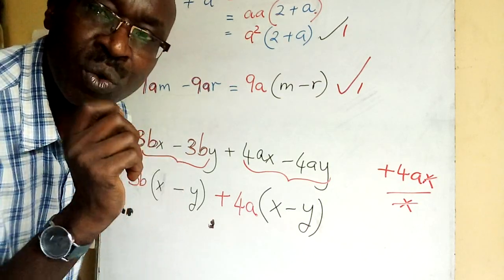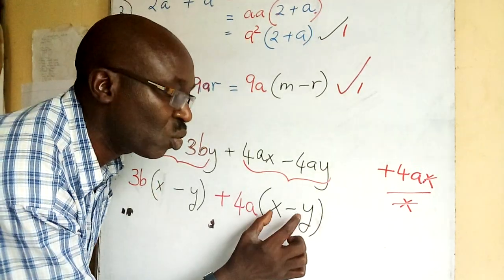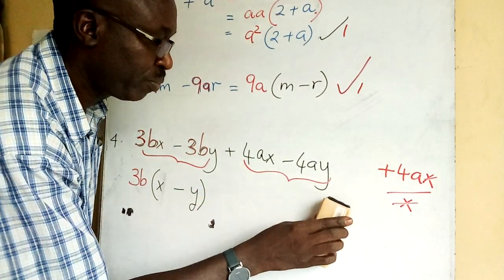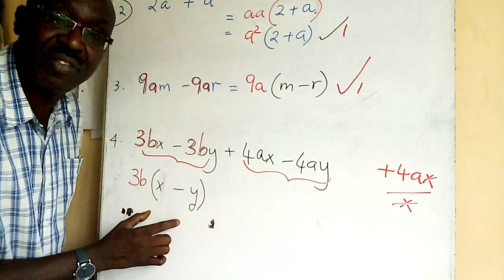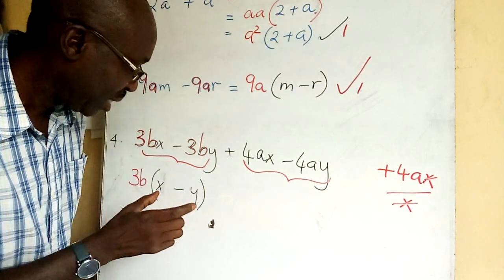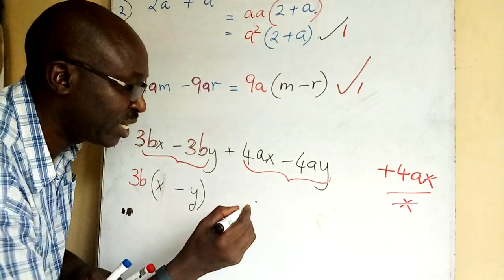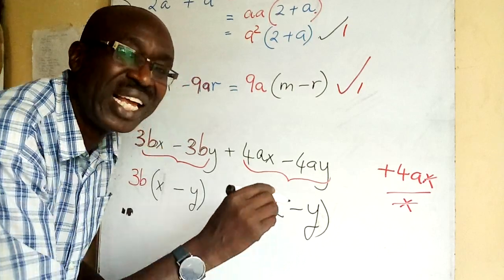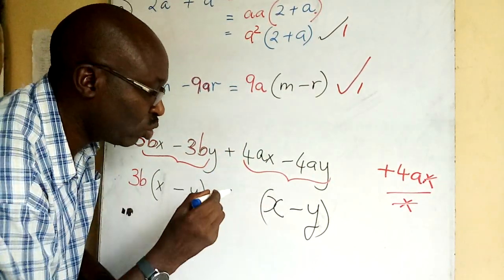Okay? This bracket must always be here. Look, the first pair has given me that. What do I want you to understand? That this bracket, x minus y, write it straight. There must be x minus y. It must. Then the issue here, what do I write here?